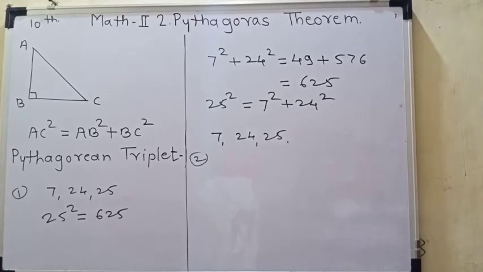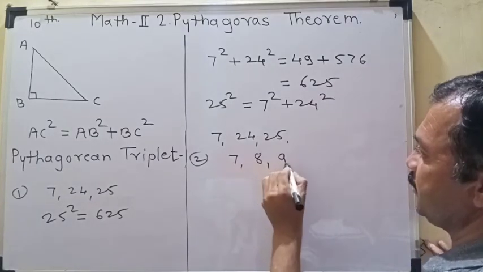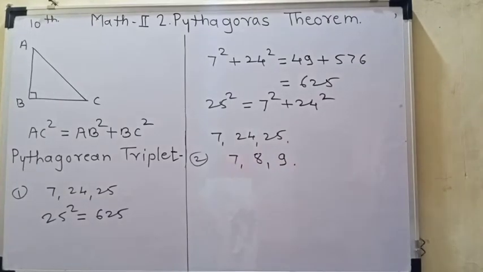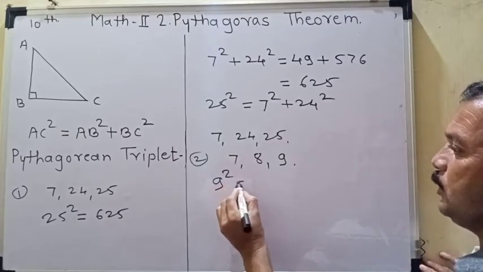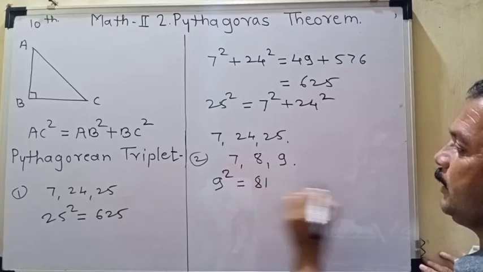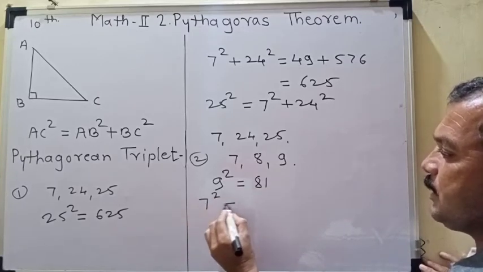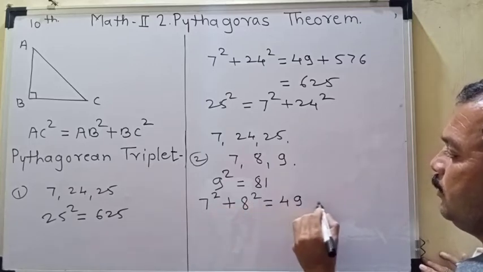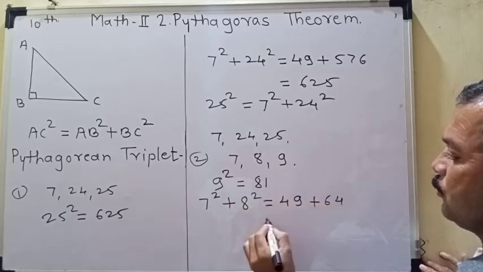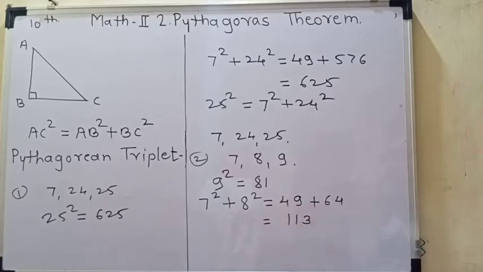Let us see another example. Suppose 7, 8, 9. These are three numbers. Which is the greatest side here? 9. 9 square is equal to 81. And the sum of the squares of the remaining two sides, that is 7 square plus 8 square, is 49 plus 64, and the sum is 113.